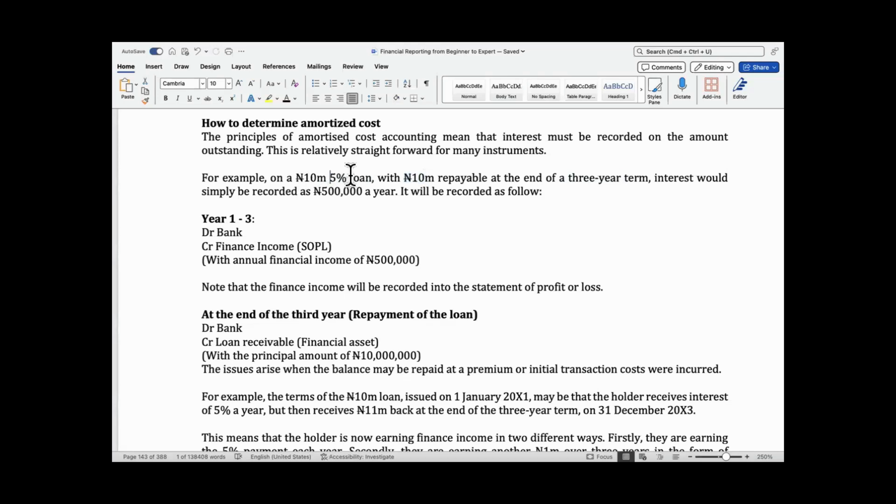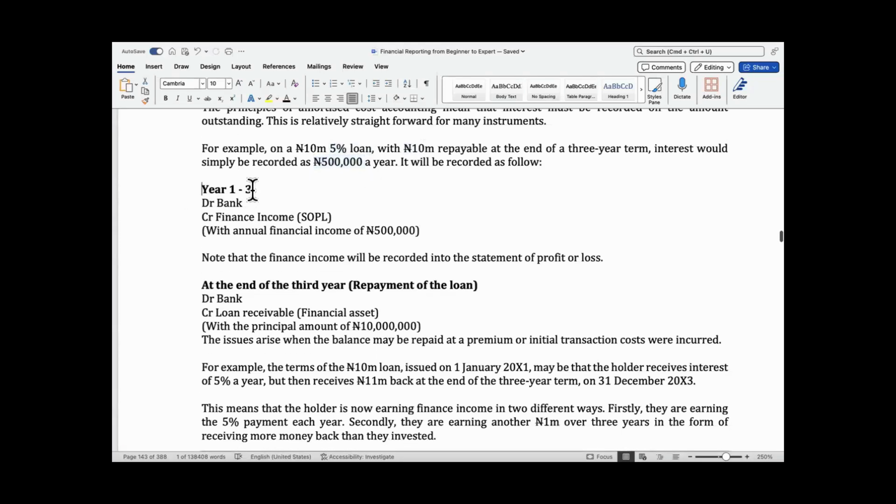It means that you are getting 5% every year, so you are going to record 500,000 every year. From year 1 to 3, we'll be collecting interest of 500,000. We'll debit bank, you credit finance income. Year 1, year 2, year 3.